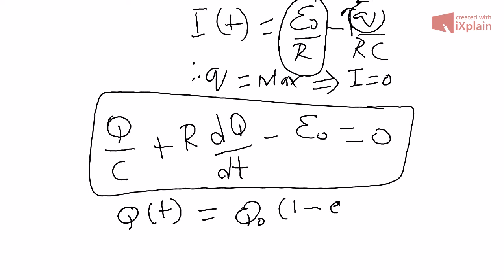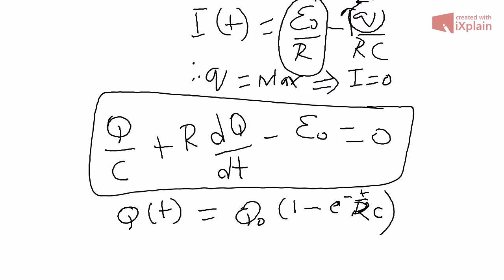t over RC. So this function is an exponential function. Charge builds up slowly on the plates.